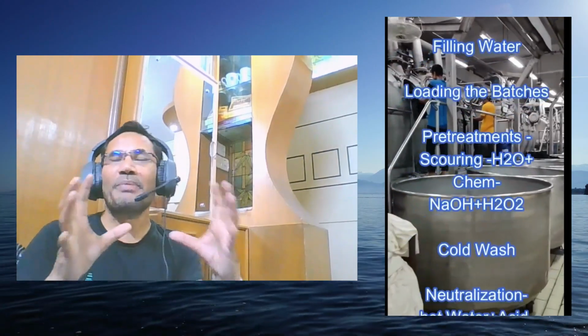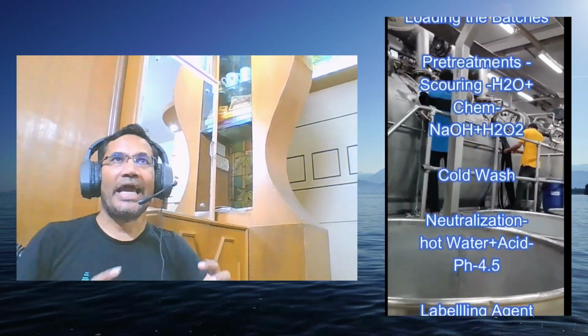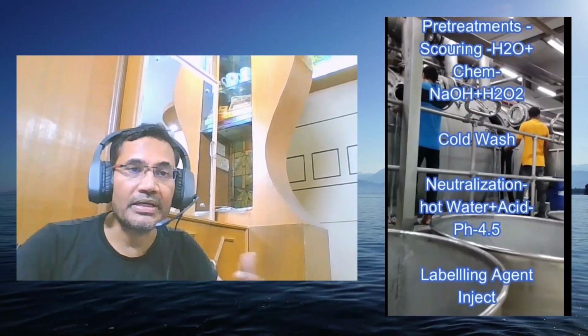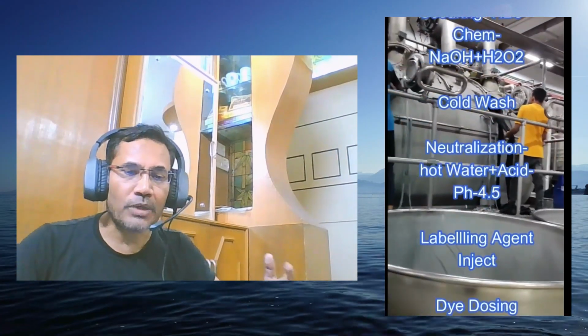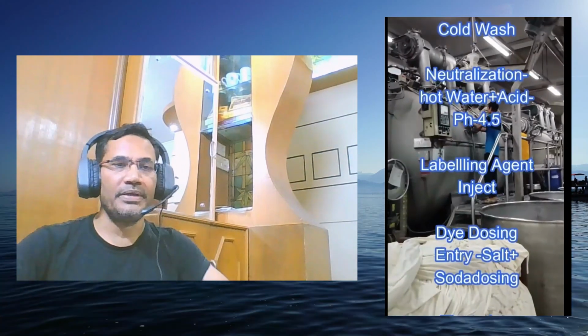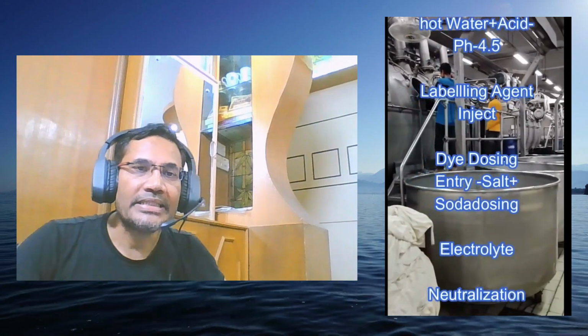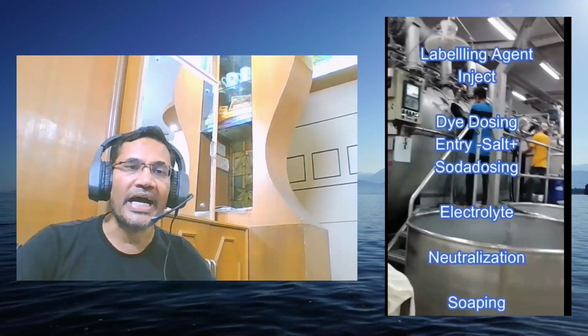A leveling agent is a chemical compound that improves the evenness and consistency of the fabric dyeing, so that it can dye and pigment the fabric smoothly. The leveling agent has to be injected. Then you have to add dye dosing.